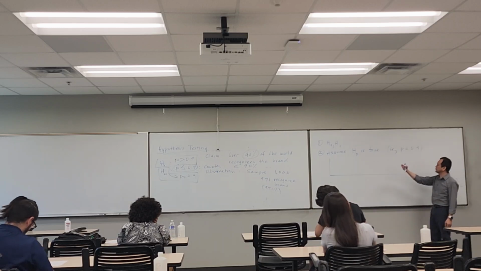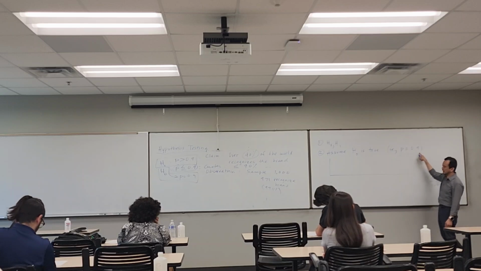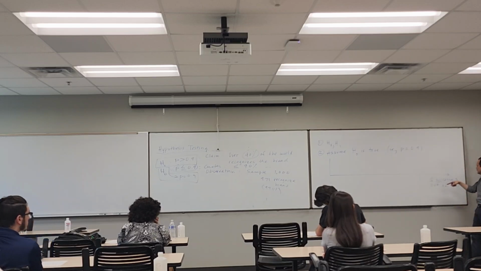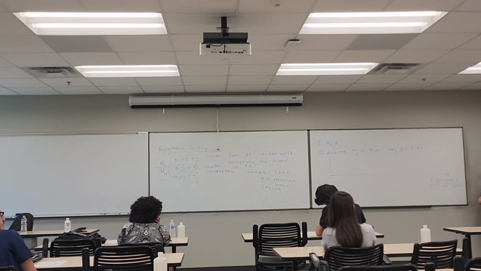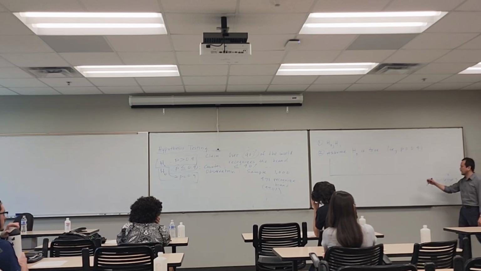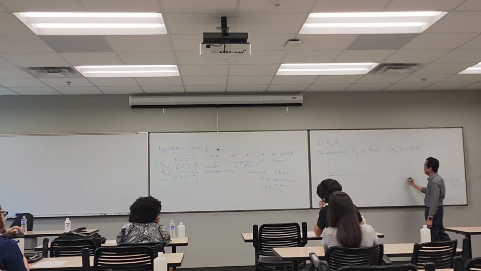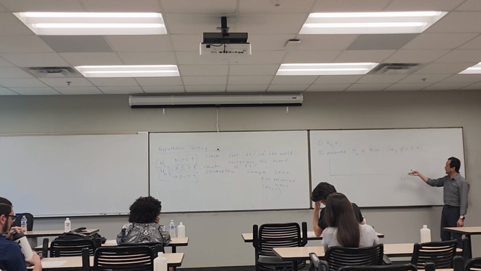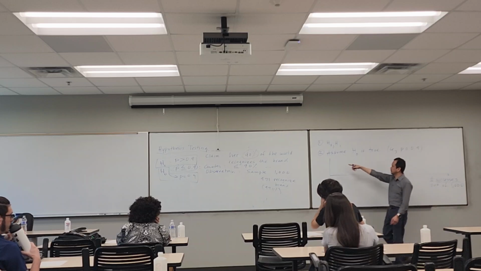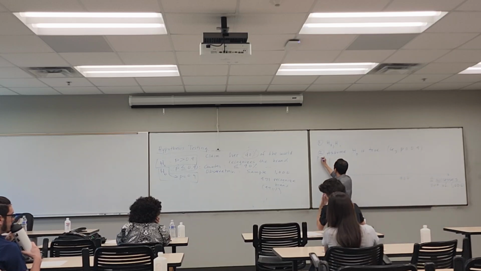So if our null hypothesis is true, and p really does equal 0.9, or 90% of the world, then if we're observing only 1,000 of them, how many successes should we expect to observe? How many people who recognize the brand? 900. Yeah, it should be 90% of 1,000, which is 900. So at 900, we basically plot the y value, which is the probability of each x.